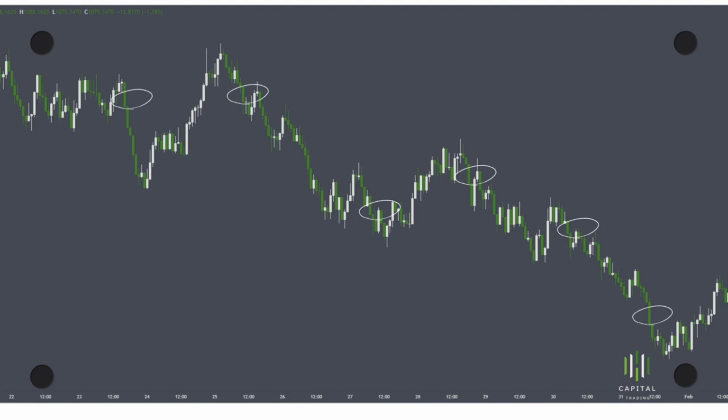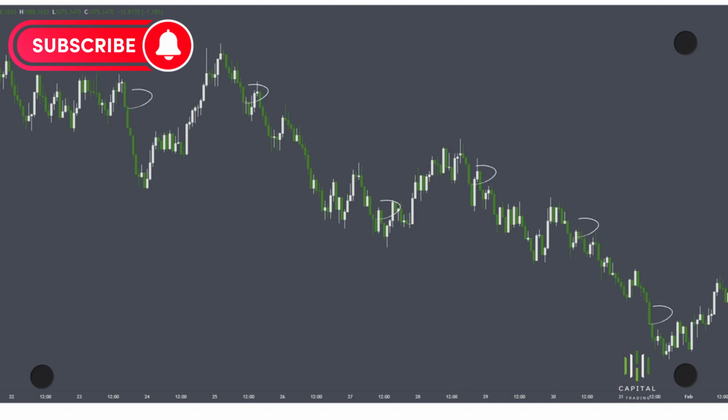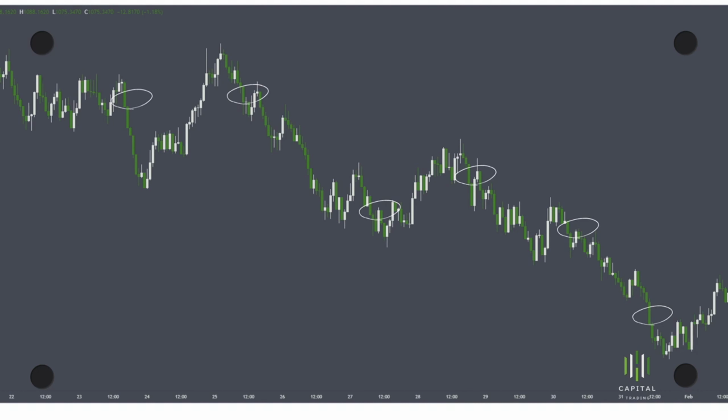So an insight: when we utilize fair value gaps, we utilize them for entries, 1, for exits, 2, and for directional bias, 3.